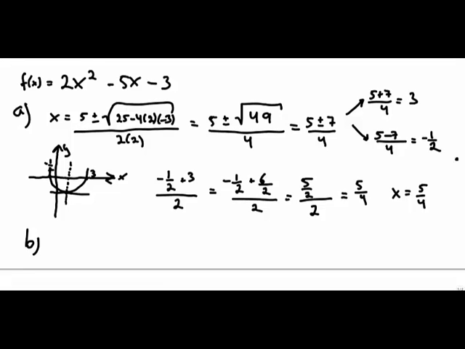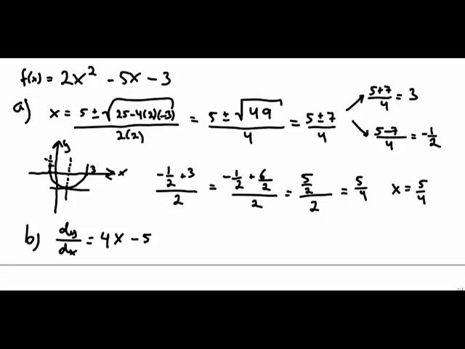If f of x is equal to y, then dy/dx is equal to, take the exponent 2, multiply with this 2, we get 4. Then x, we decrease the 2 by 1, we get 1, we don't have to write it out. Minus 5x gives minus 5, and the derivative of minus 3, or any number, is 0. So this is the derivative of this function.